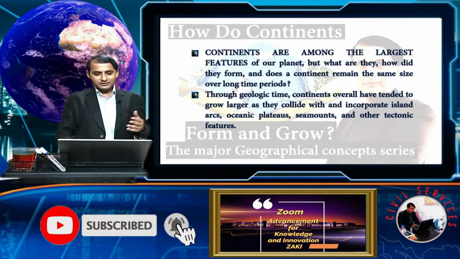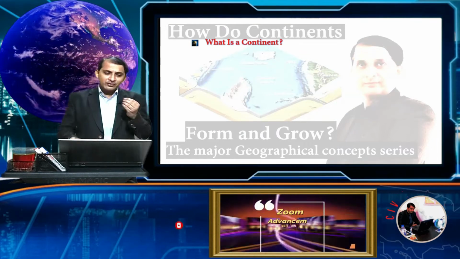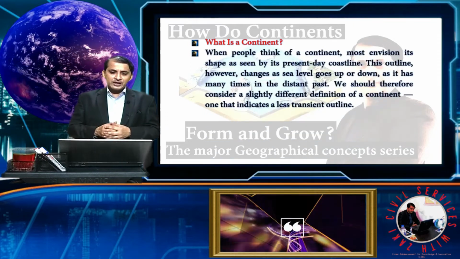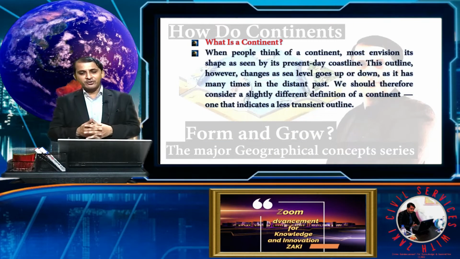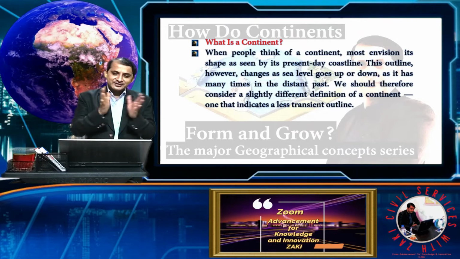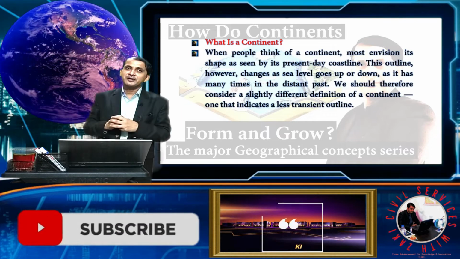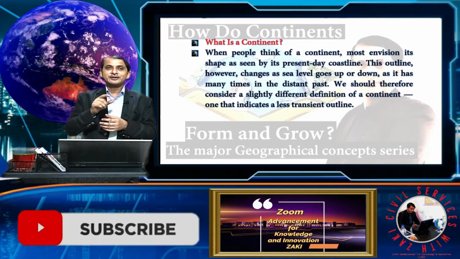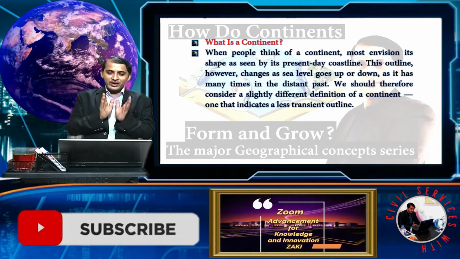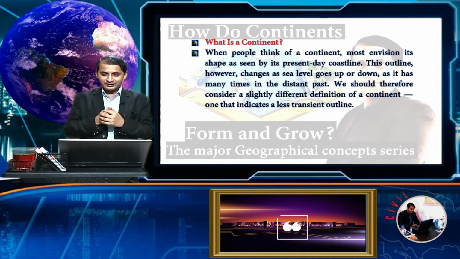So let's move forward and see what is a continent. When people think about a continent, most envision its shape as seen by the present-day coastline. If you see the present-day map and the coastline, you assume the coastline includes a continent.